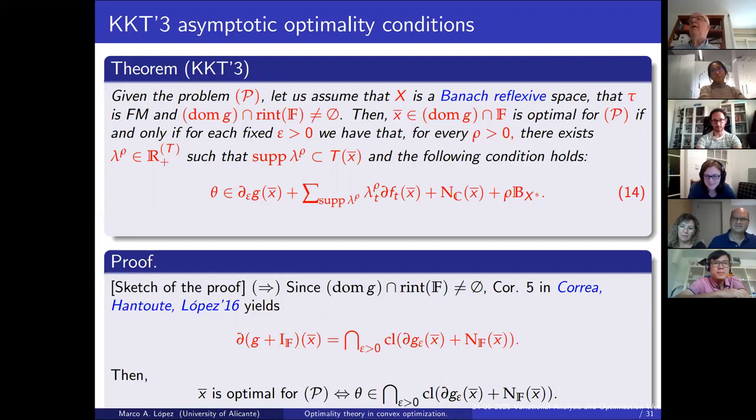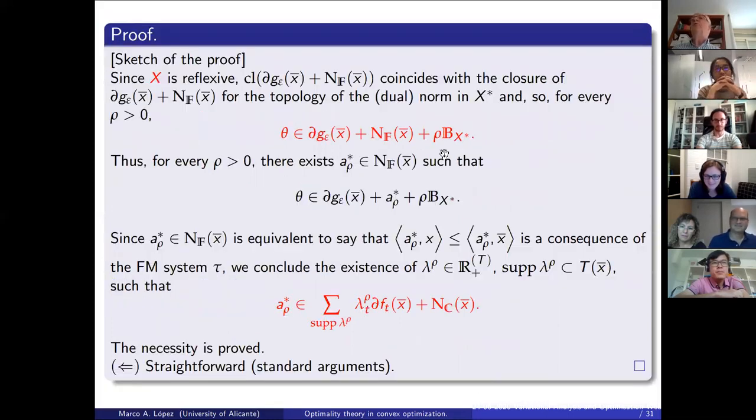Okay. Of course, because this is true for every rho, in particular, yes, of course, it is a consequence. You can take rho equal to epsilon, but I'm saying that these statements are actually equivalent. I don't see the advantage of having rho at all.